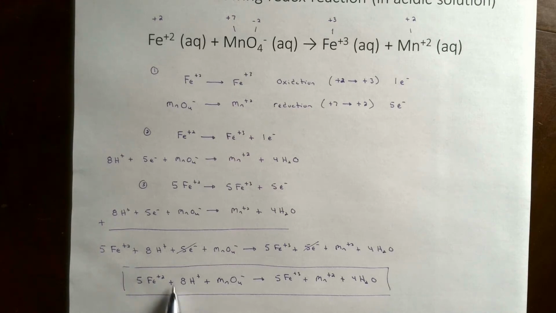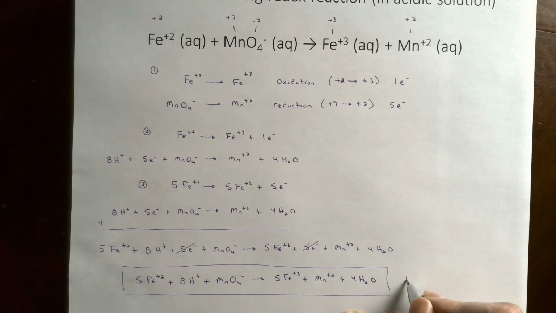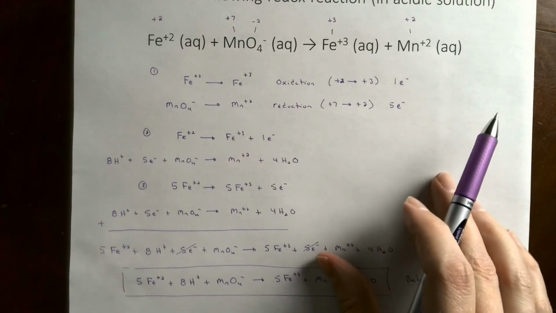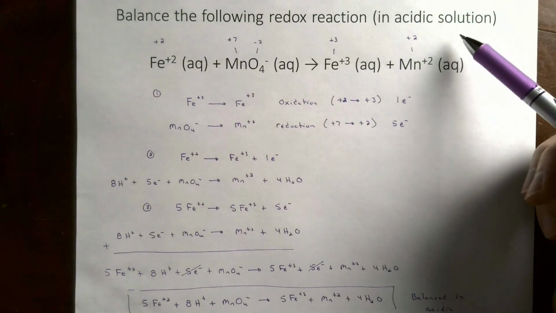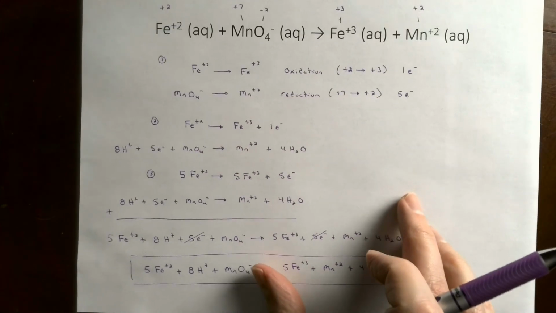And because we have H+ hanging around, we call this balanced in acidic solution. So whenever you're asked to balance a redox equation, oftentimes you'll be told that you should balance this in acidic or in basic solution.